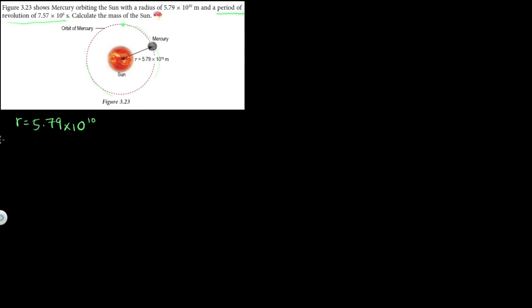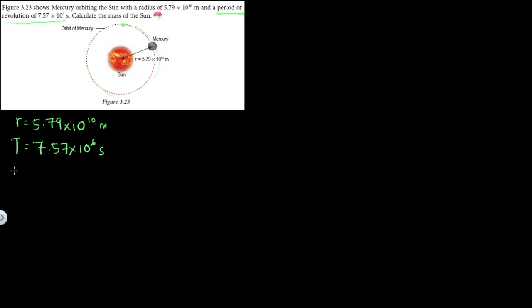And the period is given, T equals 7.57 times 10 to the power of 6 second. This one is meter. Those are base units in physics.